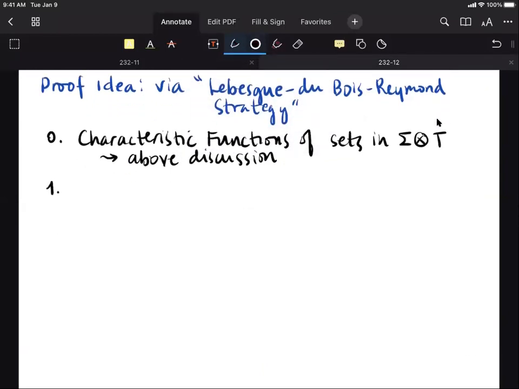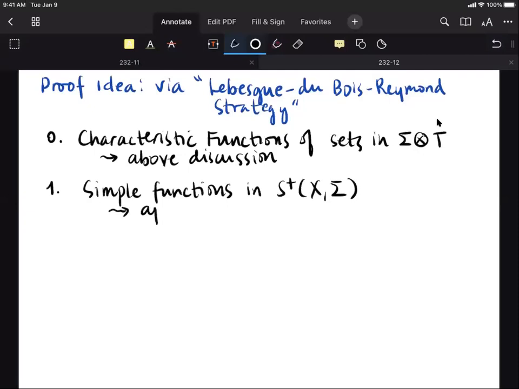The second one is for simple functions, non-negative simple functions, let's say. And here you apply the first step and linearity of the Lebesgue integral.